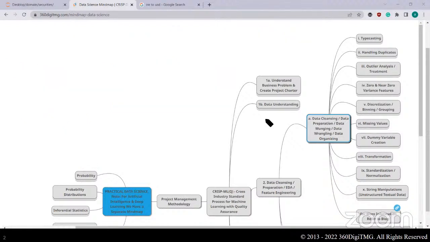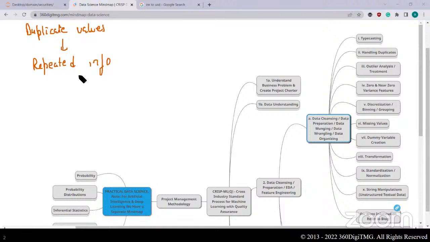So that is typecasting. Then you have duplicate values. Duplicate values are repeated information.